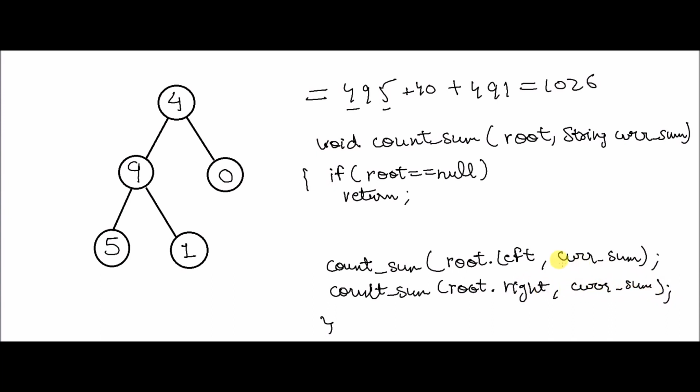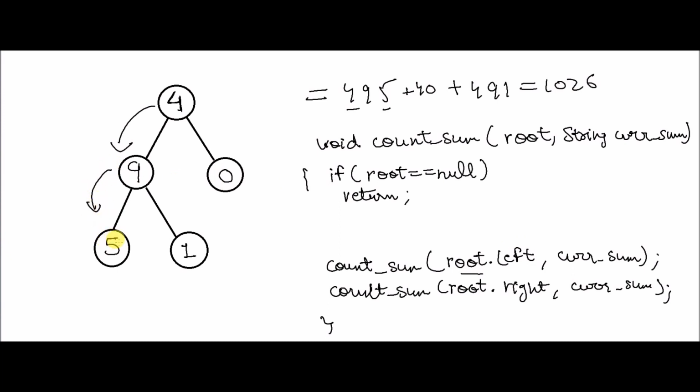So what these 2 calls will do, let me tell you how we will be traversing this tree. First we are at 4. Now our root is not null, so we'll go down, and I have called this function with root.left, so we're gonna go here. Now again 9 is not null, and we go down here. Now again we are calling it left, so we'll go here.